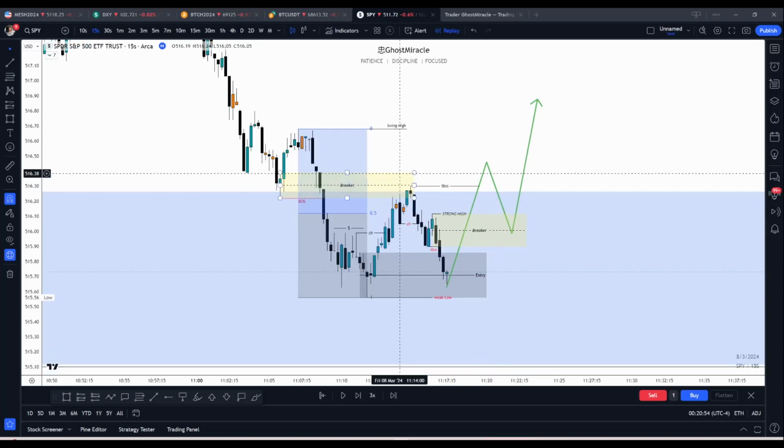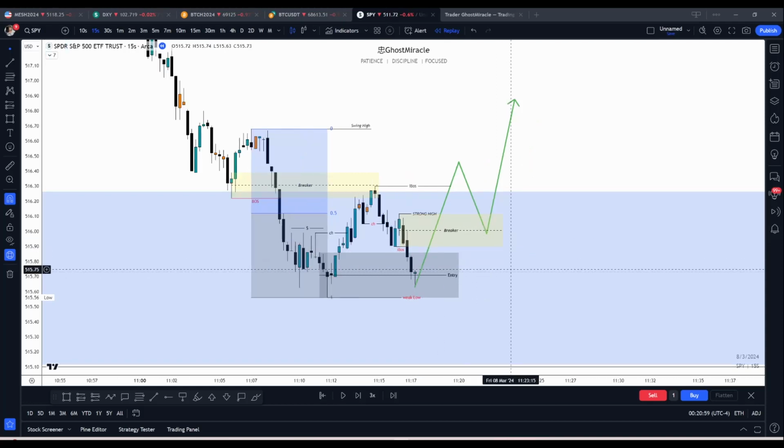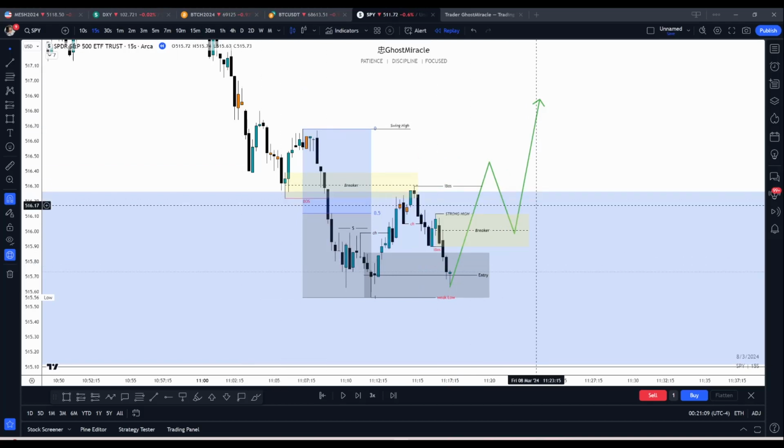But that's in general for the second entry, what I would be looking for, especially with this excessive downside momentum.